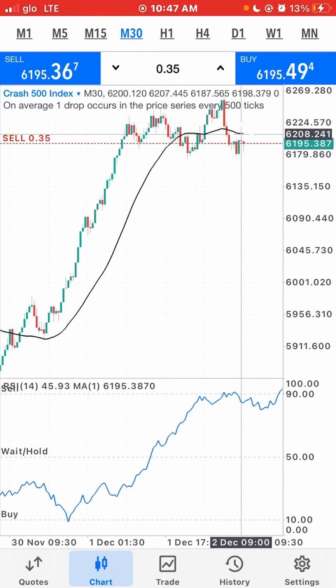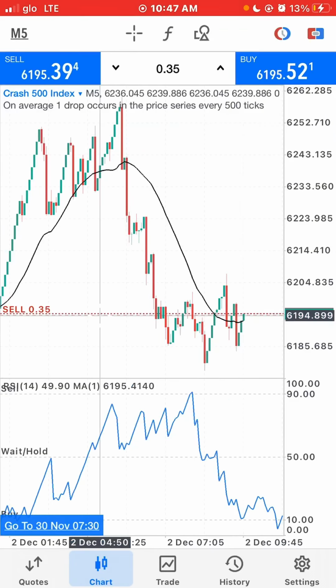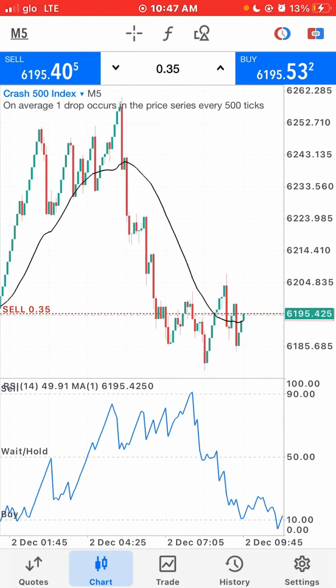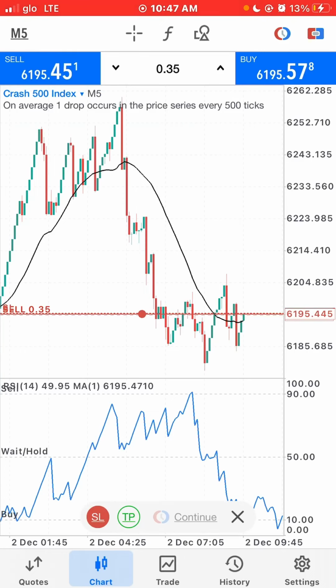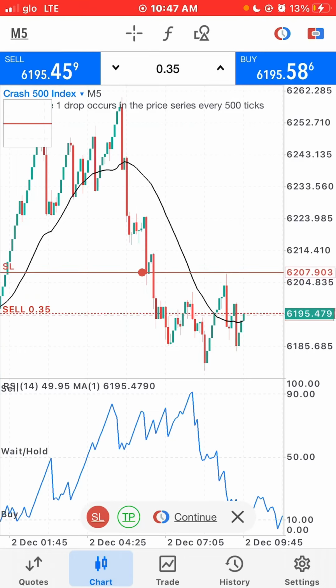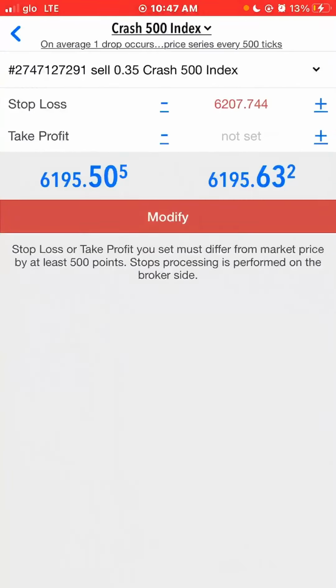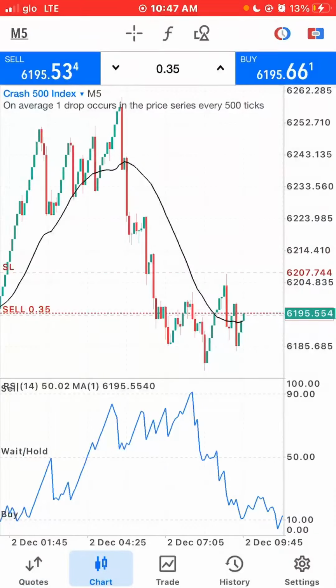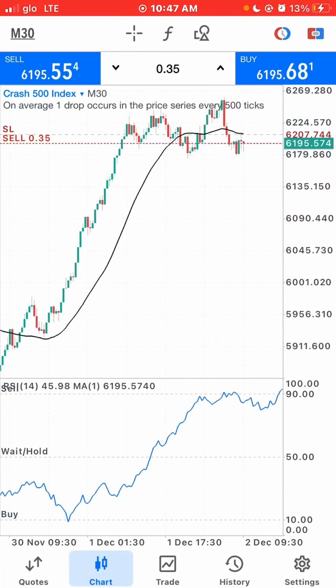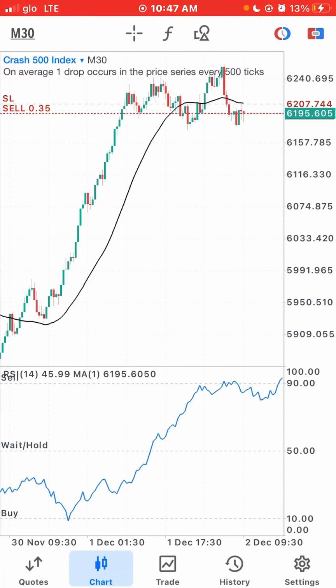So where would my stop loss be? My stop loss is going to be just above this zone here. Once price gets to that zone, I know my trade has been invalidated. So that's just how to catch long trades in the market.